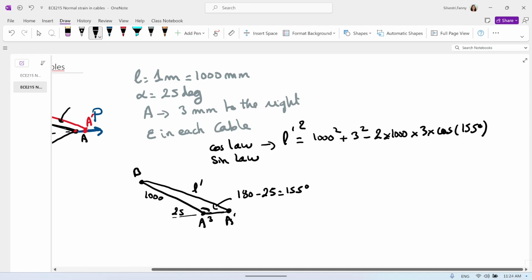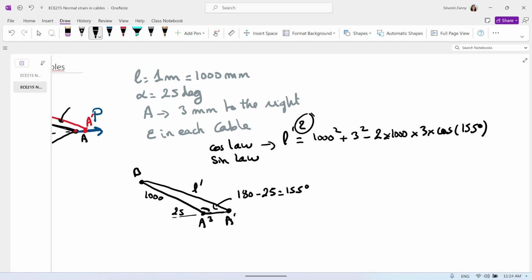Don't forget, if you use degrees, have your calculator in degrees, and don't forget to take the square root after because you have the square there. So when you get that, you get L prime equal 1000.2.7 millimeters.